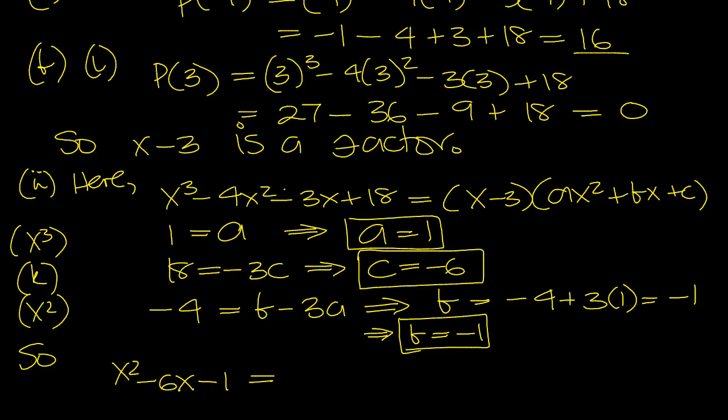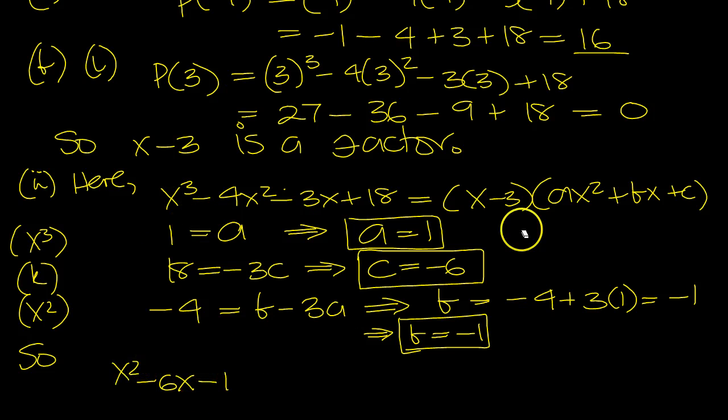It looks like we can't factorize it. Let's have a look at b squared minus 4ac. 36 plus 4, is 40. So we're going to get some roots, aren't we? So we'll need to find the roots.